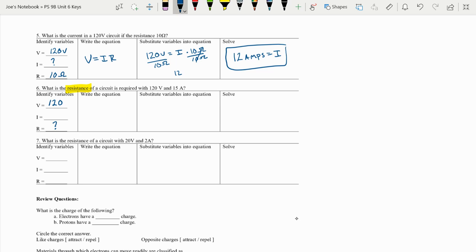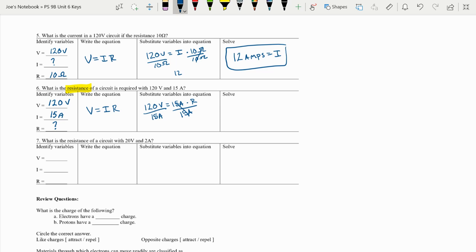So we have 120 volts, 15 amps, and now we're ready to rock and roll. V equals IR. Substitute those in: 120 volts equals 15 amps times R. To get R by itself, we divide both sides by 15 amps.